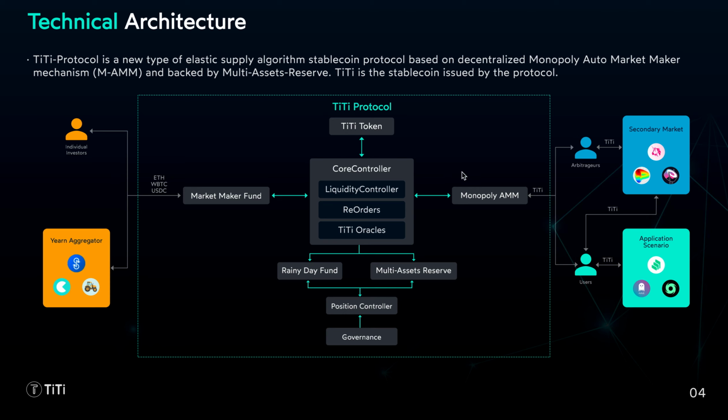The four innovations mentioned are available here, and M-AMM and the others work together to make sure TiTi is always pegged to $1 and to realize price stability. MMF helps to improve the robustness. There are other modules that Renity found useful for extreme situations.